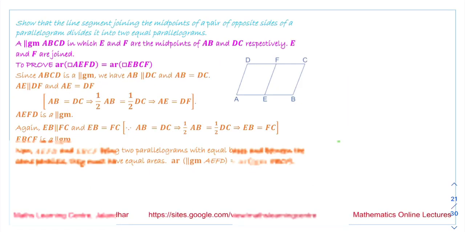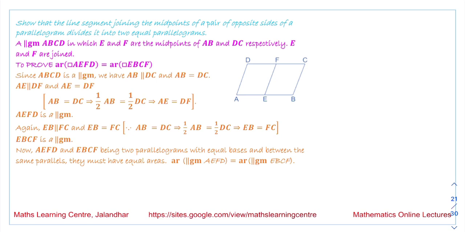Next we have to show that the line segment joining the midpoints of a pair of opposite sides divides the parallelogram into two equal parts. Suppose this parallelogram ABCD is given to us, and E and F are the midpoints of the opposite sides. If this length is x, then these lengths are x by 2. Suppose the height is h, anywhere you can draw the perpendicular.